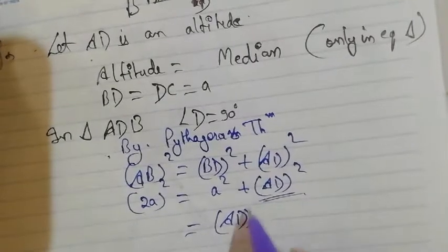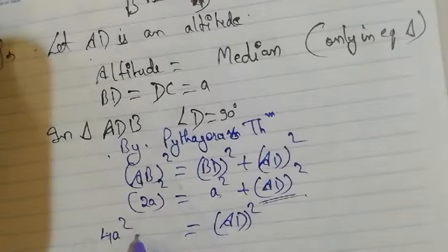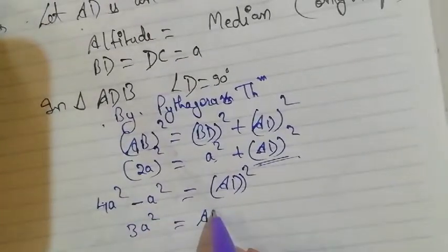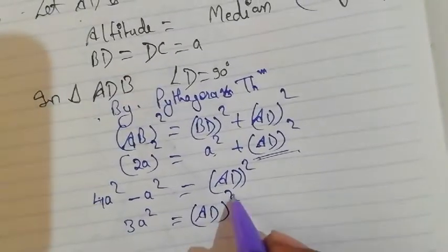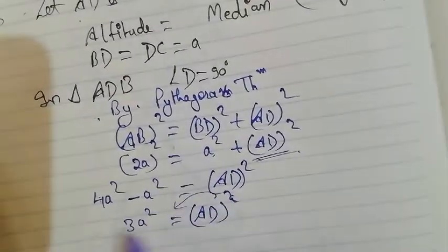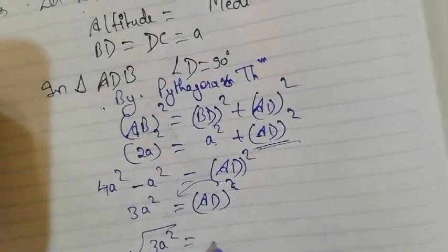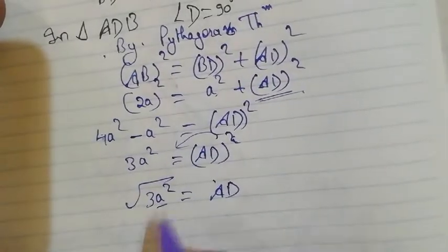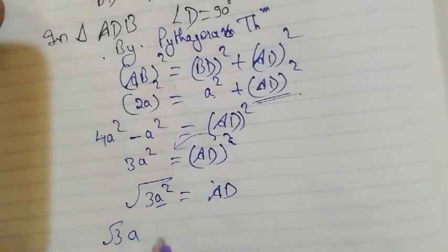So AD square will be 4A square minus A square, which becomes 3A square, equal to AD whole square. Now if we transfer this square to this side, it will become a root. So we can write root of 3A square is equal to AD, and A square will come out, so it will become A root 3.